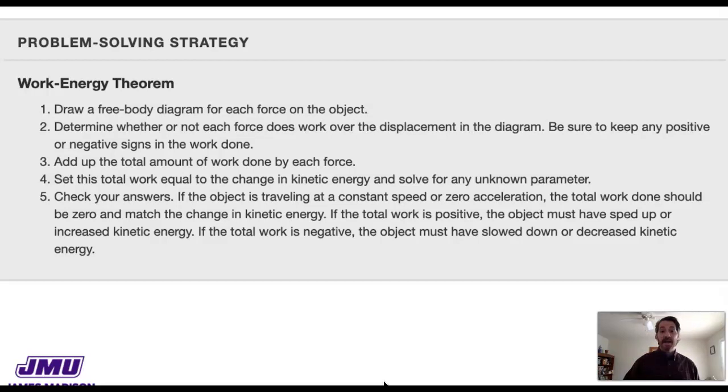And as I said in class, that will be equal to the working done by the net force, which is not an actual force. The net force is the vector sum of all the individual forces. So we want to make sure that we're clear when we say the working done by a net force. What we mean is the net result, the net work done by all of the individual forces. That net work should be equal to the change in kinetic energy if you've done your mathematics correctly.